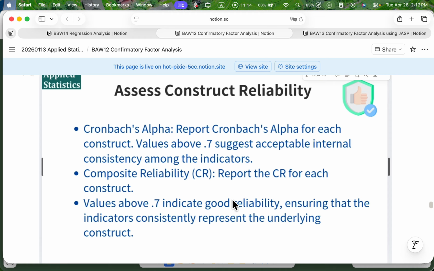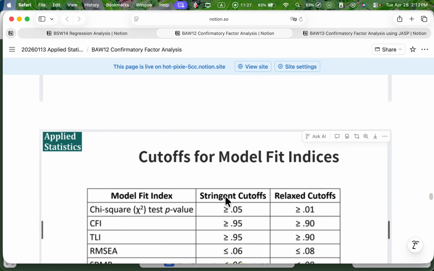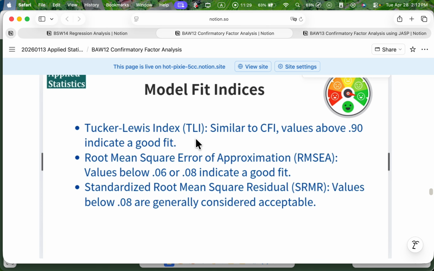Okay, Jason, you can tell Oliver if you know the answer. GFI, CFI, here. CFI, TLI, right? You just didn't say it.